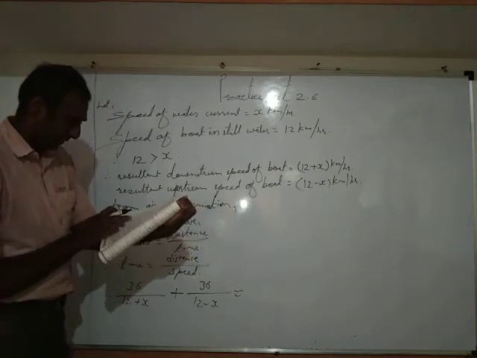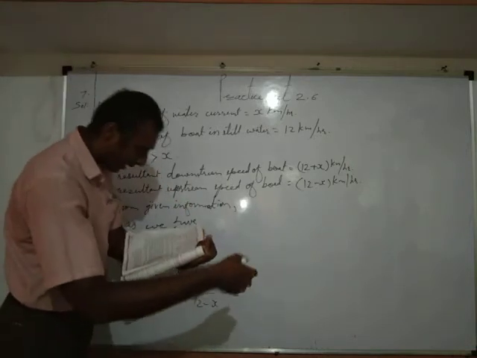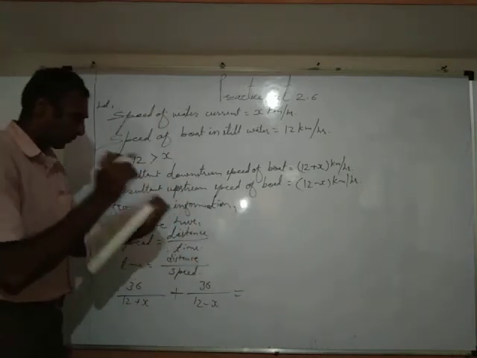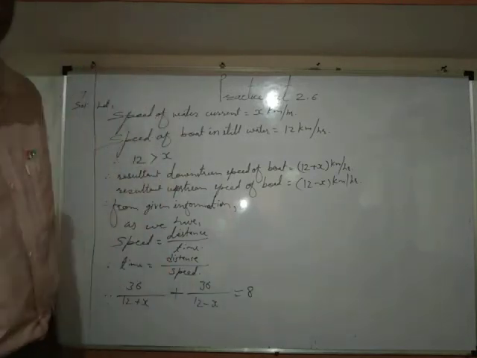He tells us Pratik takes 8 hours to travel 36 km downstream and return to the same spot, okay, means that equals 8. Now let's simplify this equation.